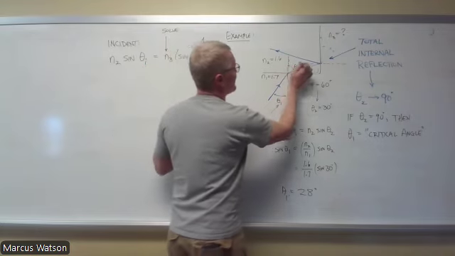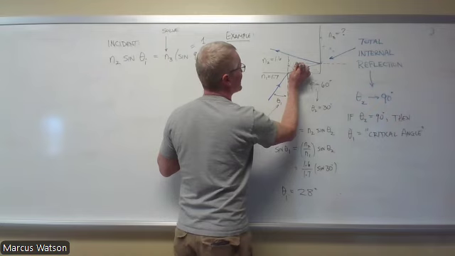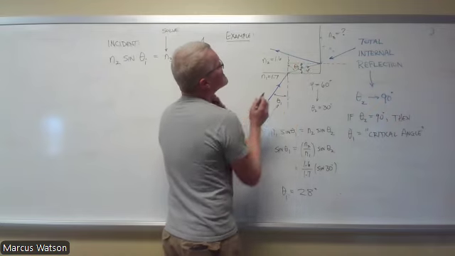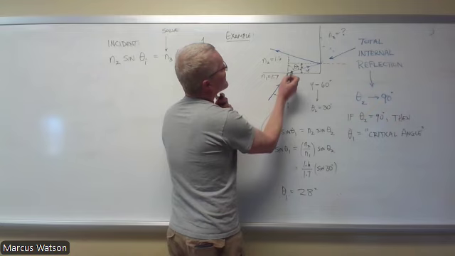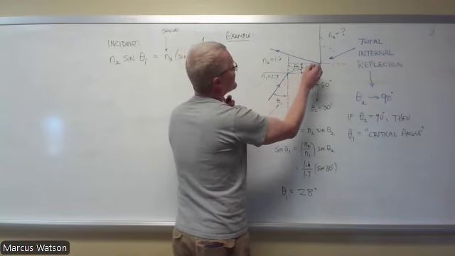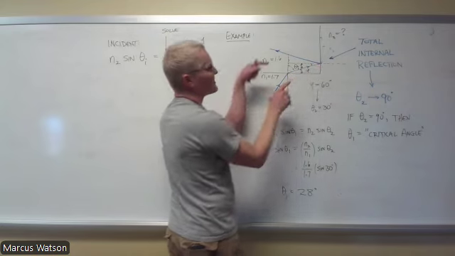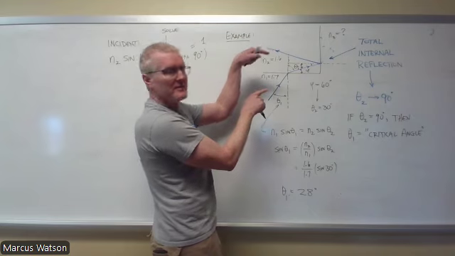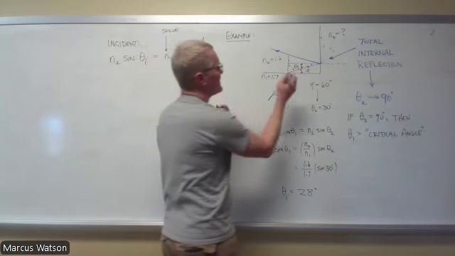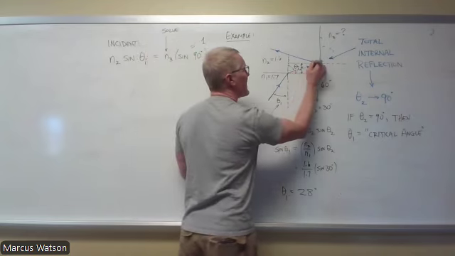And so what do we have? We have a triangle here, like that. And so I know what this angle is, and I know what this angle is. So this angle, theta I, has to be the same as phi because they're parallel angles. This one here is the same as that one there.